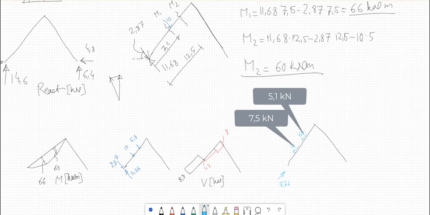And these are also from the reaction forces. This is also pretty straightforward. So this is just for one case it will be the sinus of the angle, for another case it will be the cosinus. And from here we can draw the axial force.